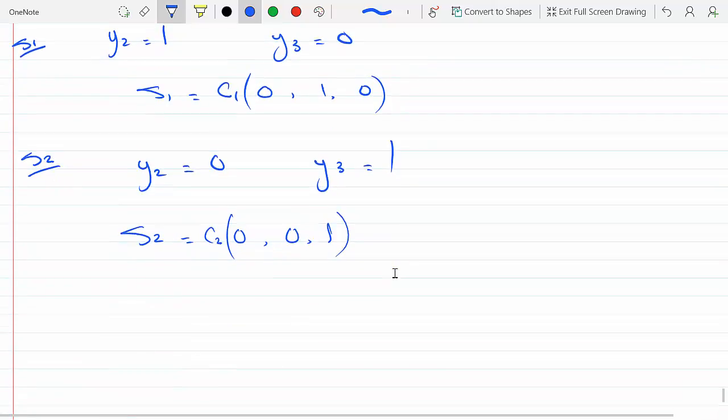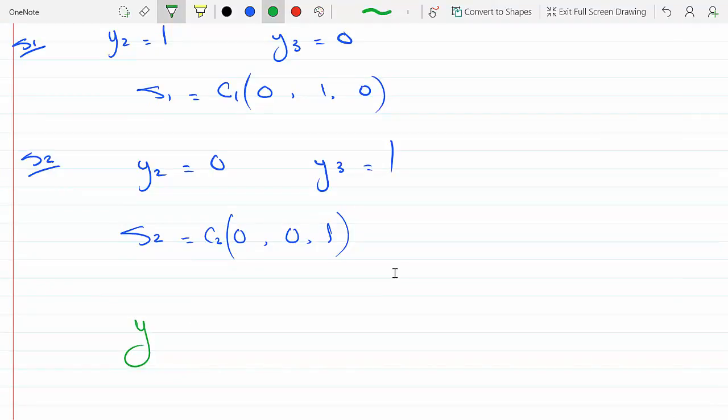So therefore, if I want my solution in general, y1, y2, y3 will equal C1 times 0, 1, 0, plus C2 times 0, 0, 1.